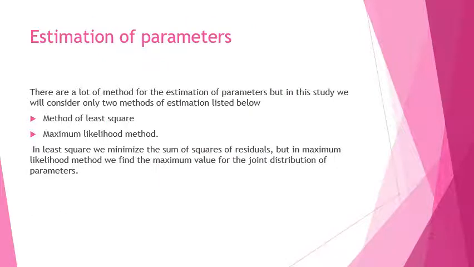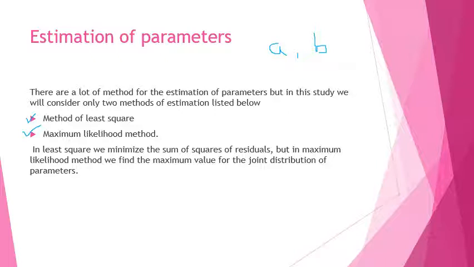Now we are going to learn the estimation of parameters. There are two commonly used methods: the method of least squares and the method of maximum likelihood. In the regression model, we have two constants, a and b, where a is called the y-intercept and b is called the regression coefficient.